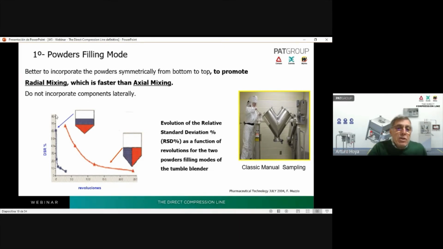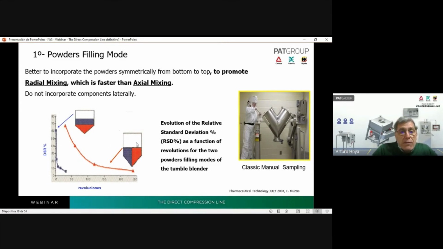Here we show the standard deviation versus revolutions, or time, it's the same here. What we see is that in this mode of loading, where the radial mixing is important, the velocity of uniformity is very fast, and you reach very low levels, indicating good uniformity.